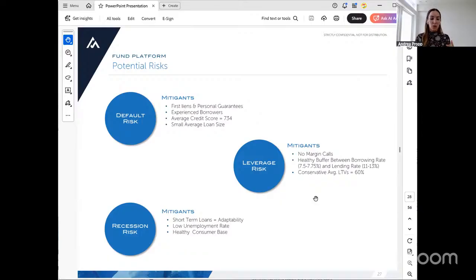So right out of the gate, we've got protection by way of the equity buffer from our borrowers. But then everything we do around managing these projects and our borrowers puts us in a really good position to be able to manage through times of stress. And so what you might see from us is maybe reduced returns in a period like that. But in terms of your principal protection, you are very well protected in the construct of our fund and the loans that we originate.